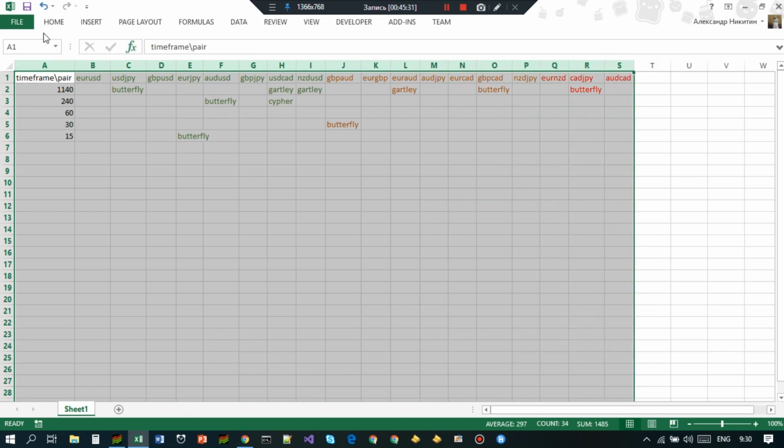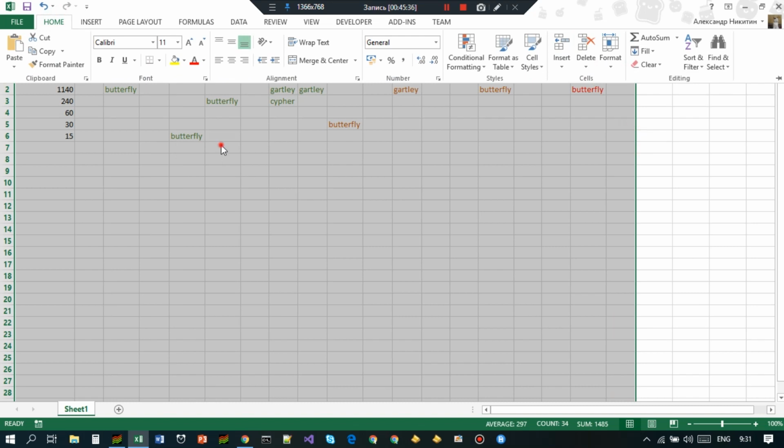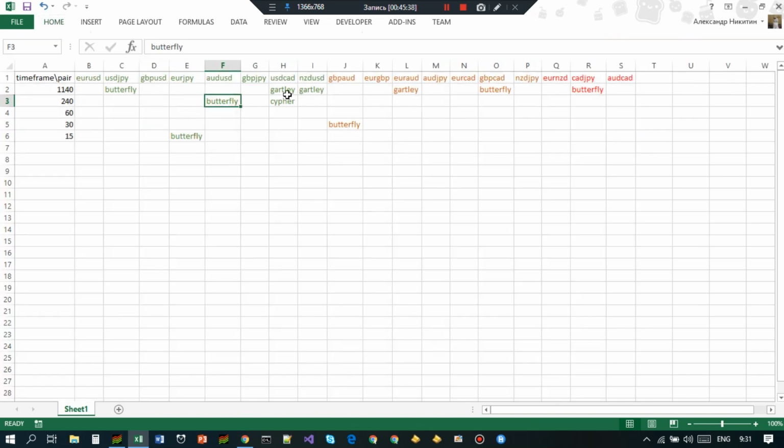Let me fit them. Butterfly, currently cipher. The Aussie dollar is our butterfly, and dollar Canadian is our cipher, which is something that I would personally pay close attention to. Aside from that, we have some other patterns. I will share the link to this Excel spreadsheet in the description.